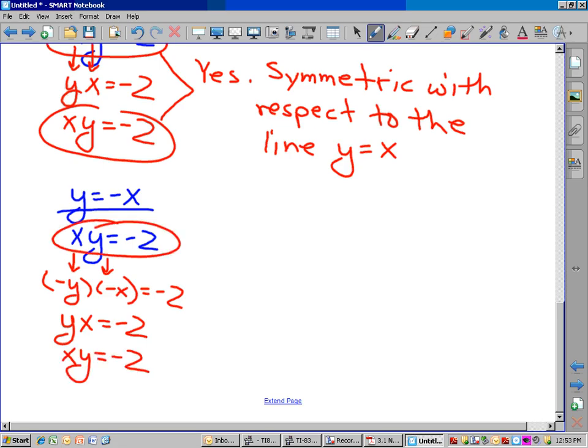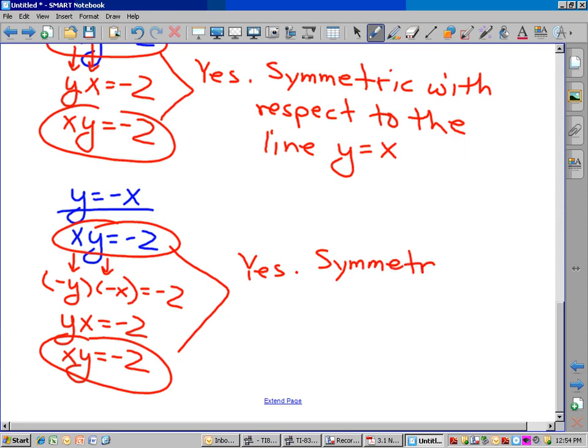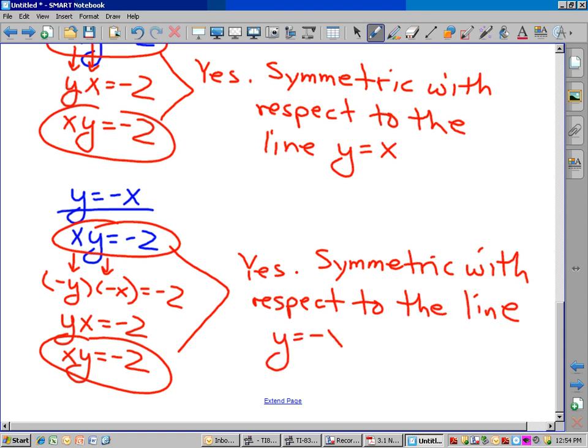Are they the same? Yes. So we are symmetric with respect to the line y equals negative x. So that's what you have to do.